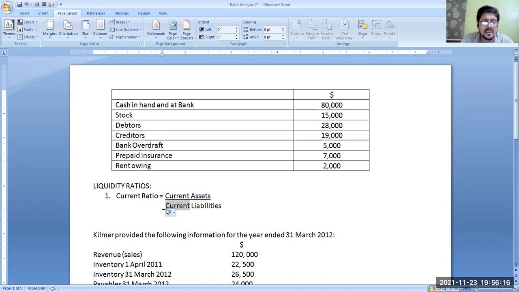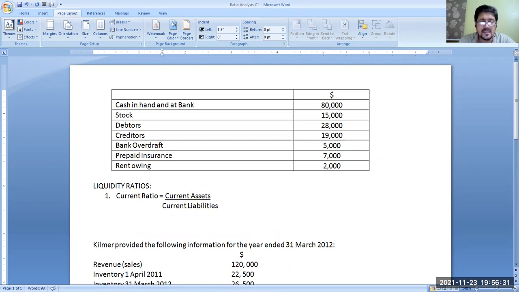Getting my point clear? Current assets divided by current liabilities is your current ratio. So in that question, we have to calculate first the current assets. So current ratio is equal to current assets.